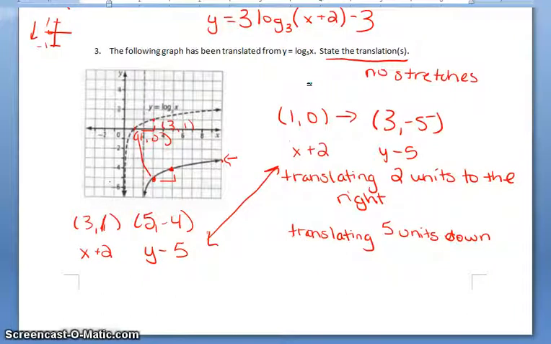And then one way you can check is to put these transformations into your log function, and then put this into your graphing calculator and see if these two actually match.